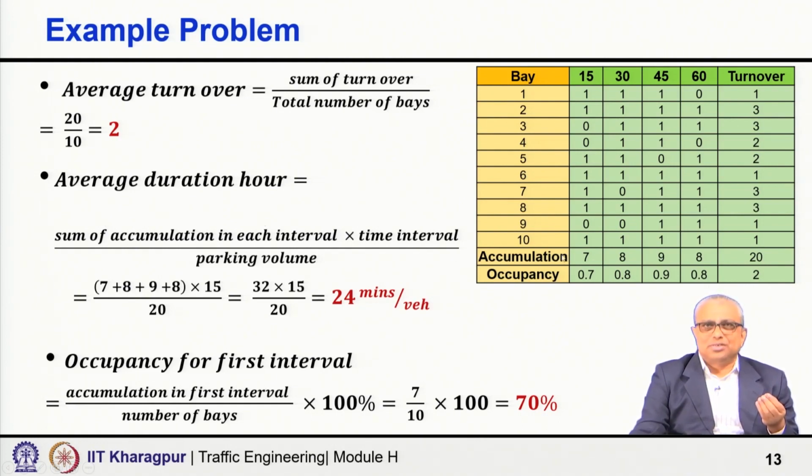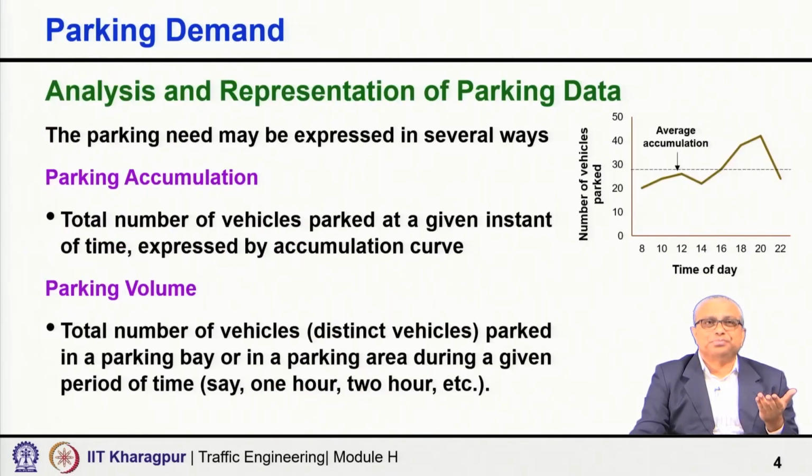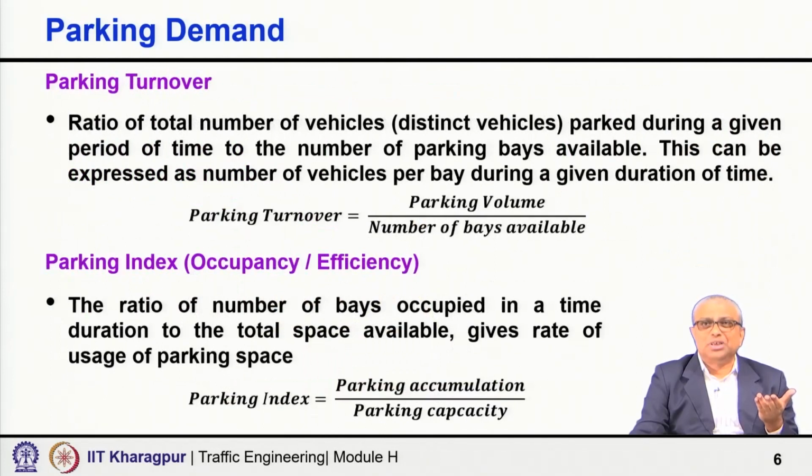What is the average duration? It is 7 plus 8 plus 9 plus 8, and in each case the duration is 15 minutes. So, total multiplied by 15 minutes, that many vehicle minutes, divided by how many distinct vehicles? 20 distinct vehicles, sum of turnover, not accumulation, but sum of turnover, or you can call it the parking volume, right.